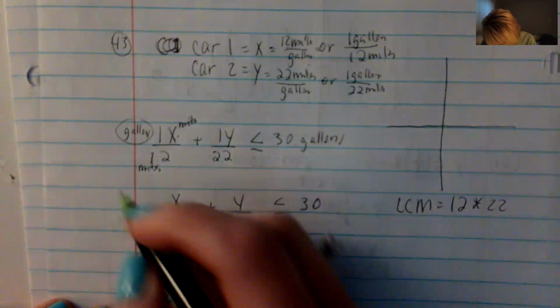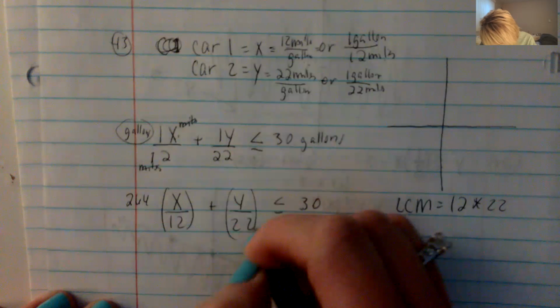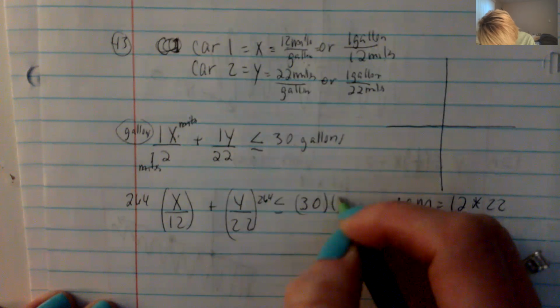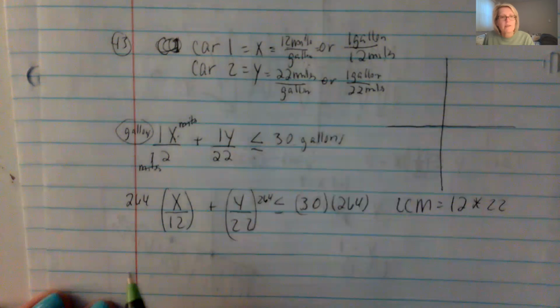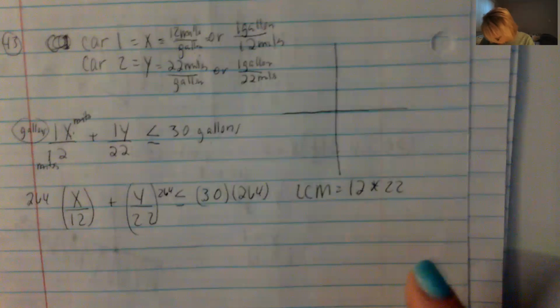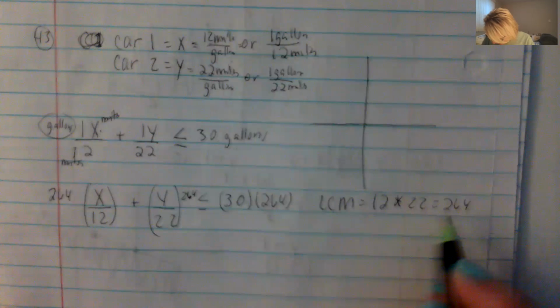So this is going to be 264 times that fraction, and 30 times 264. We know that 12 gets multiplied by 22, because we multiplied by 22 to get to 264.